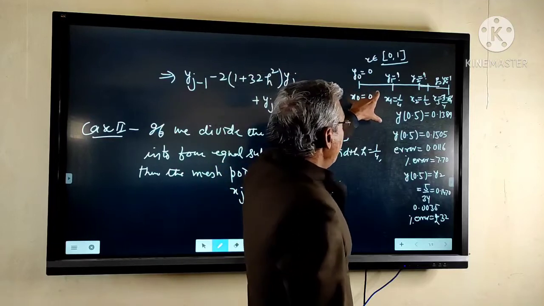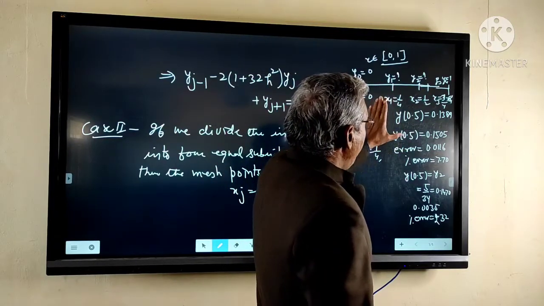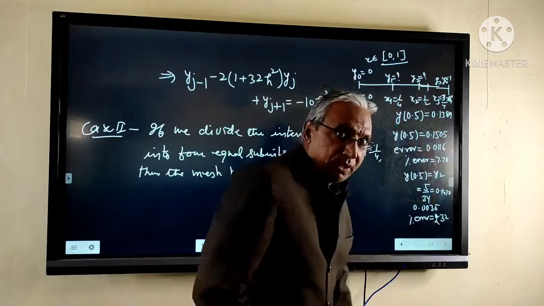So these are 5 mesh points. Here y0 is 0, we have to calculate the values of y1, y2 and y3, and y4 is 0.